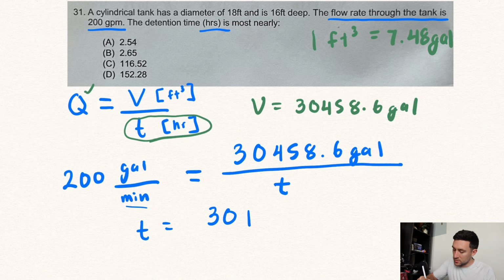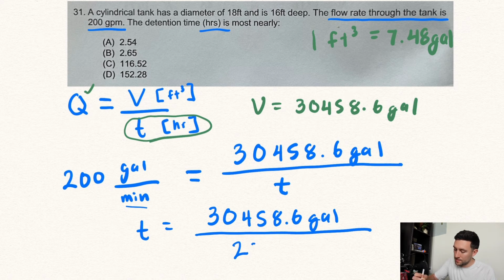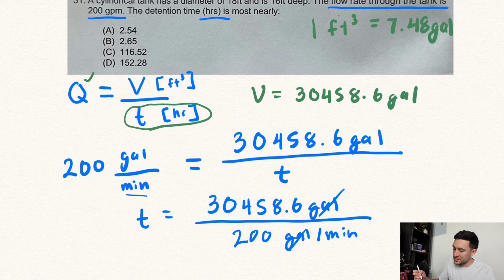All we have to do is an algebra problem here. We'll have gallons, which is the volume, divided by the flow rate. Now these gallons will cancel out, and we'll have T in minutes.